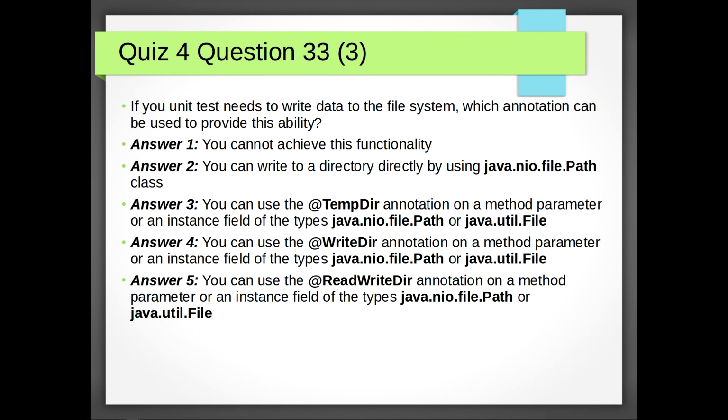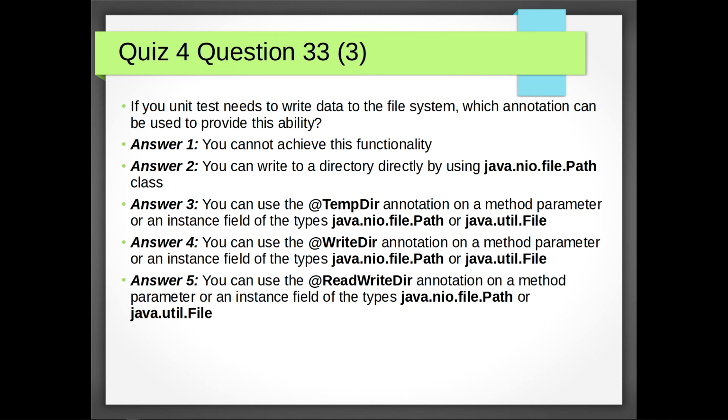Quiz 4, question 33. If your unit test needs to write data to the file system, which annotation can be used to provide this ability? Answer 1. You cannot achieve this functionality. Answer 2. You can write to a directory directly by using the java.nio.file.Path class. Answer 3. You can use the @AttemptDir annotation on a method parameter or an instance field of the types java.nio.file.Path or java.io.File.